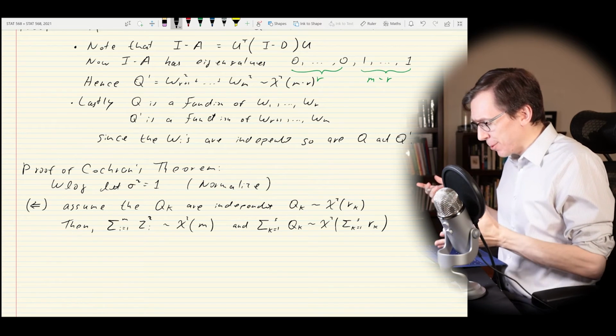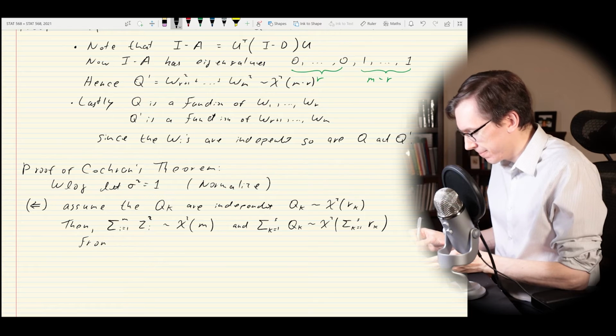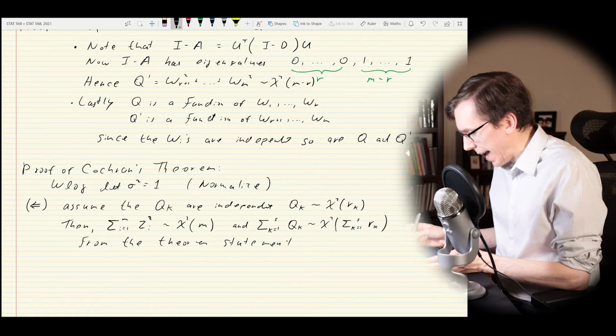And that's actually what we wanted, because from the theorem statement, we have that the sum of the z_i squared is going to equal the sum of the Q_k. I should probably write i from 1 to m, and k from 1 to s, just to indicate this.